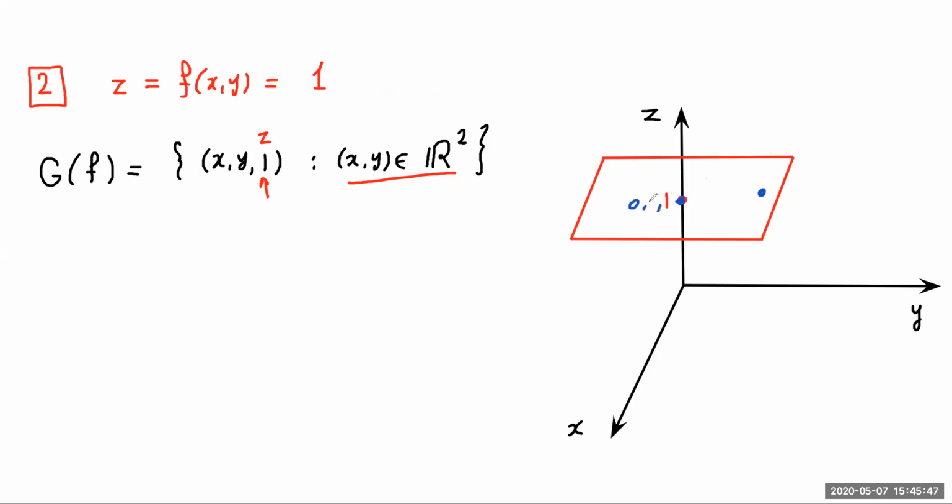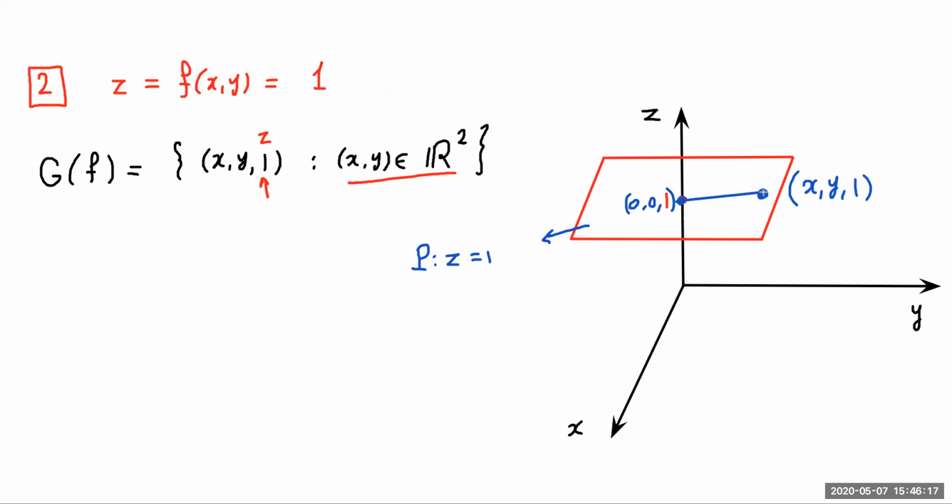The equation of this plane P is z equals 1. And this plane is the graph of the function f(x, y) equals 1, because any point in this plane has coordinates (x, y), whatever x and y, and 1, because z is 1.